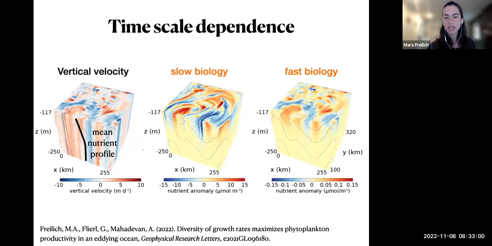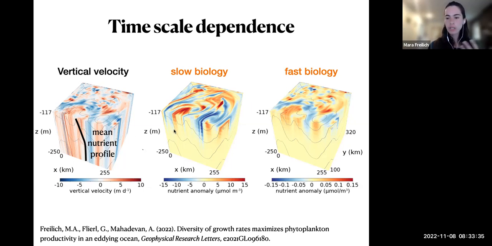And that is a question that you treat partially in a 2022 paper in Geophysical Research Letters, where if we take a vertical velocity field with a mean nutrient profile, one of the key messages is that the rate of biological uptake of nutrients transported by a vertical velocity field affects the outcome of the distribution of those nutrients or chlorophyll that you can observe from a satellite image in 2D.